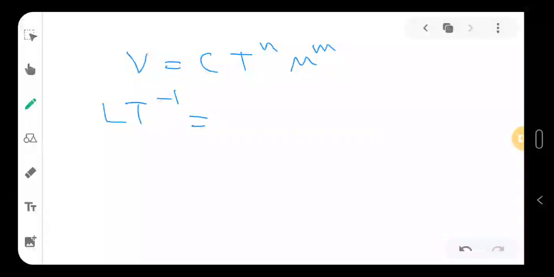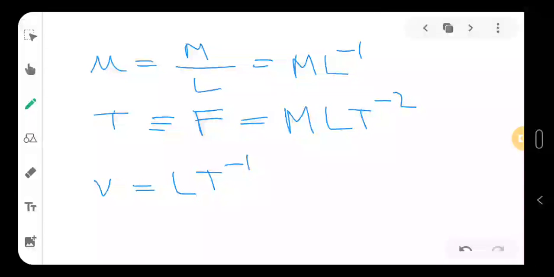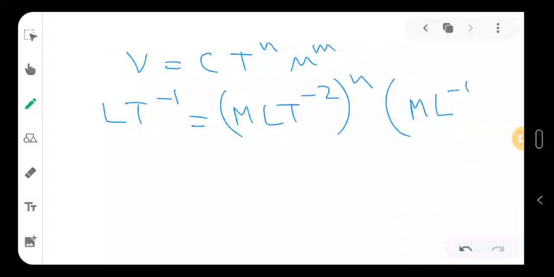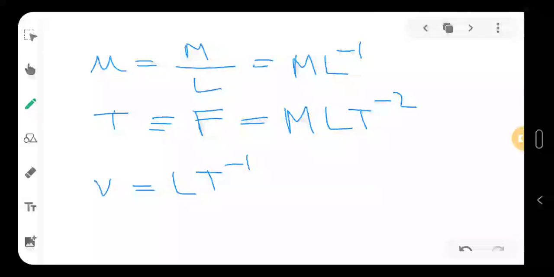Then we have T, tension, that is M L T to the power minus 2, so M L T to the power minus 2 to the power n. Mu is M L to the power minus 1, to the power m, right?